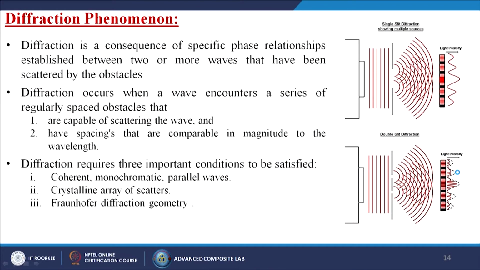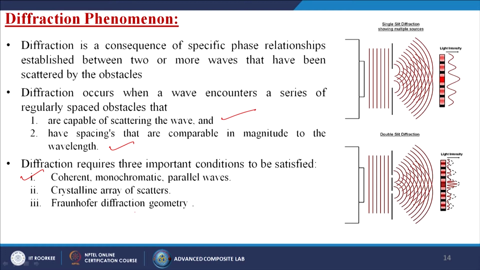Diffraction occurs when a wave encounters a series of regularly spaced obstacles that are capable of scattering the wave and have spacings that are comparable in magnitude to the wavelength. Diffraction requires three important conditions to be satisfied. First is coherent, monochromatic and parallel waves. Second is a crystalline array of scatterers, and the third one is called the Fraunhofer diffraction geometry.